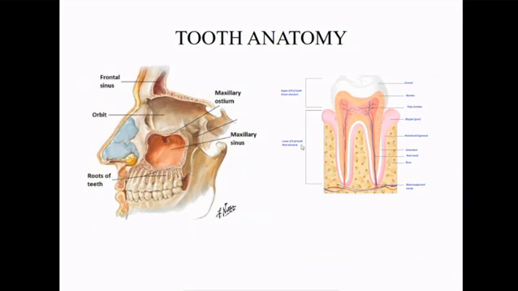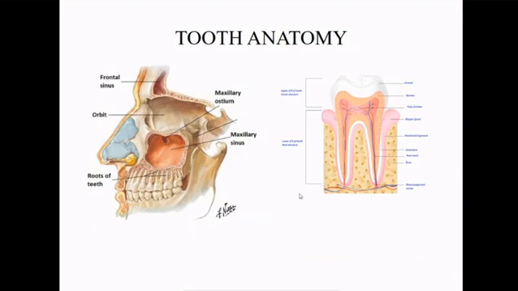So as you look at the anatomy of the tooth here, the tooth can be divided into two. One is the crown here, which you can see, and then the embedded one in the gums, we call it roots here.